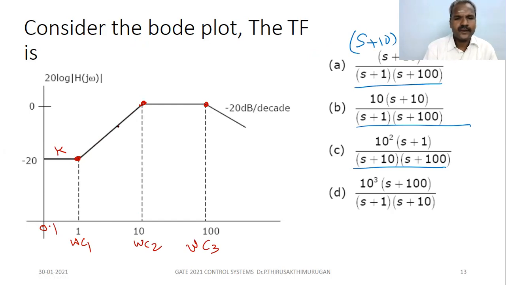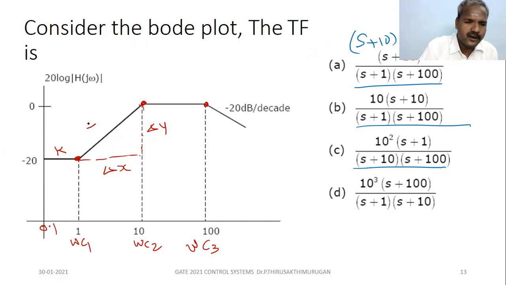This slope is from 0 to 20, over 1 decade. How to find slope? Del y by del x. What is del y? The difference is 20. Del x is 1 decade. So 20 dB per decade.